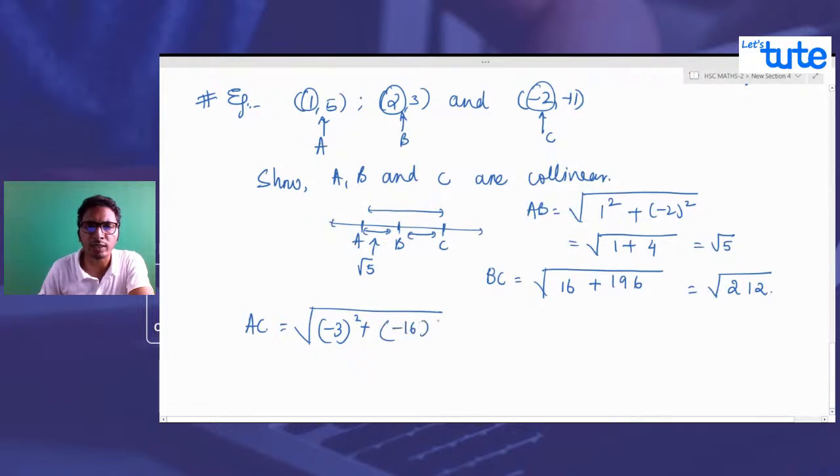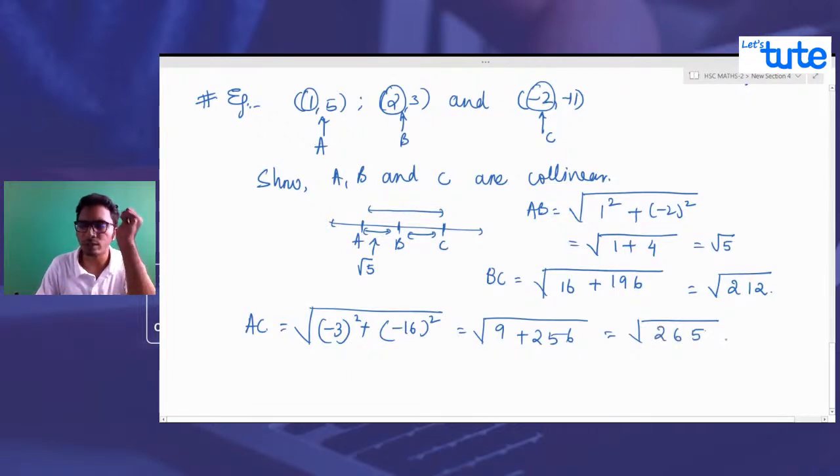Minus 16 squared. So we are going to get negative 3 squared, it is 9, and minus 16 squared it would be 256. So this gives us what? This gives us 265. Hope I'm not wrong. Okay, 265.